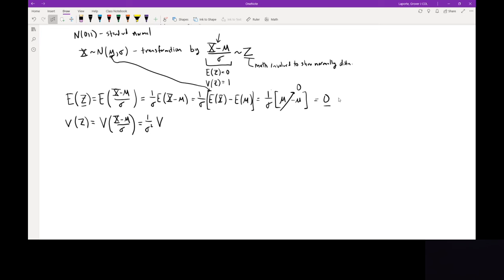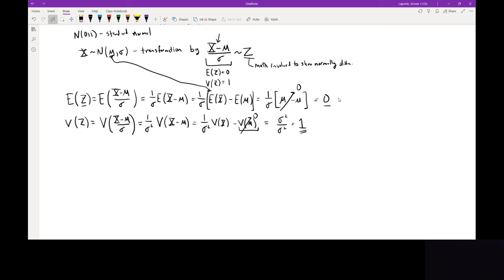And then the variance of X minus mu, and you can kind of see where we're going with this. So 1 over sigma squared, variance of X minus the variance of a constant. What is the variance of a constant? It goes to 0, and it's sigma squared over sigma squared, which is 1.